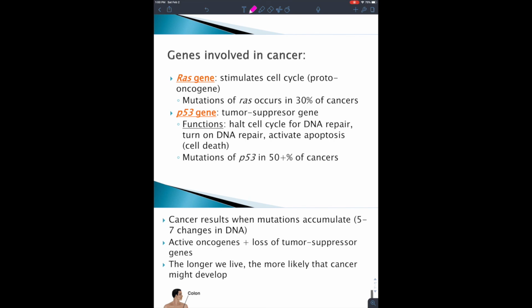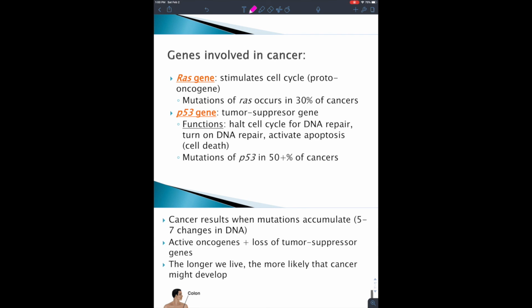The P53 gene is a tumor suppressor gene. It's supposed to stop the cell cycle, initiate DNA repair, and activate apoptosis when necessary. When it's mutated, and it's usually mutated in about 50% or more of cancers, DNA repair is stopped, and we stop the cell's ability to commit apoptosis.